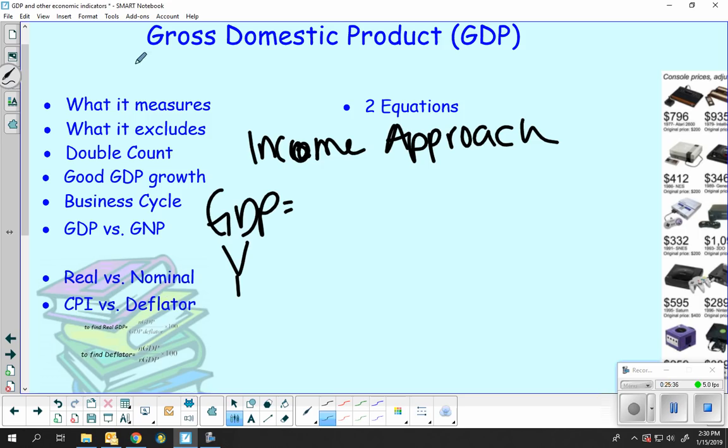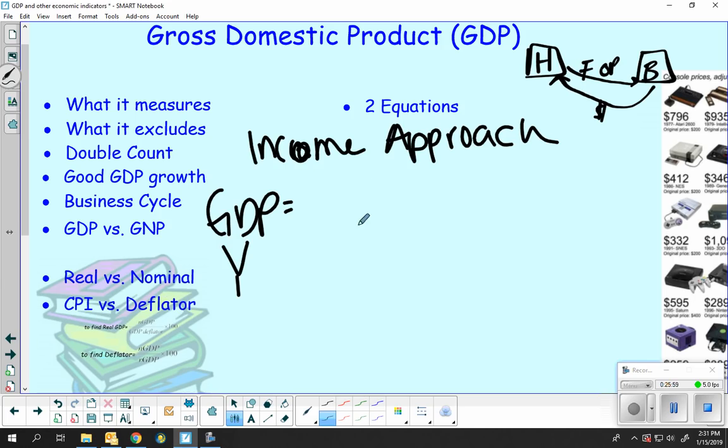Remember, according to the circular flow model, with the household here and the business here, we earn income because we give them our labor. But it wasn't just our labor, it was all the factors of production: land, labor, capital, entrepreneurship.